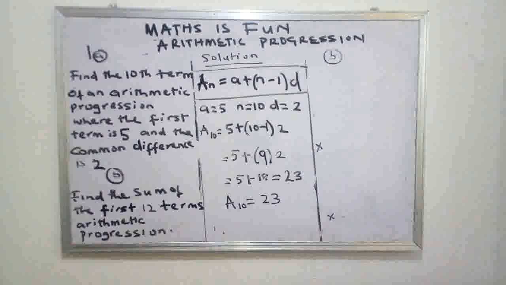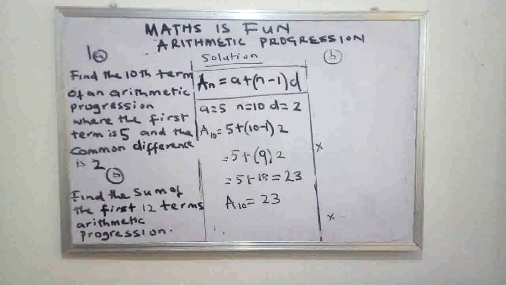The small letter a represents the first term, which in our example is the first money you put, your $5. The n refers to which month you are talking about, the 10th month, so 10. And the d refers to the common difference, that is the interest that the bank gives you every month.